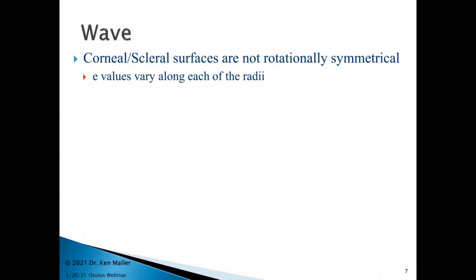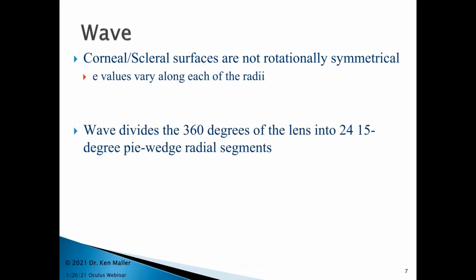Corneal and scleral surfaces are not rotationally symmetrical. Anyone who's been doing topography or scleral profilometry already knows these surfaces are not rotationally symmetrical at all. E values vary across each of the radii, and that does create problems for some of our lenses, whether it's decentration or digging in or tilting or whatever. Those are all problems.